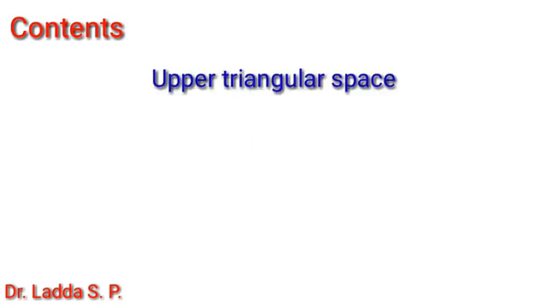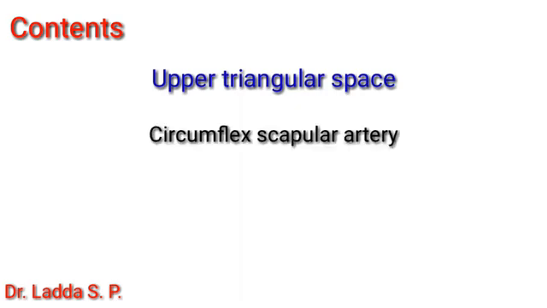Now the upper triangular space. The upper triangular space contains the circumflex scapular artery, or you can say the circumflex scapular artery passes through the upper triangular space.